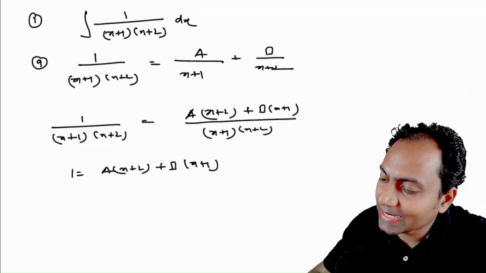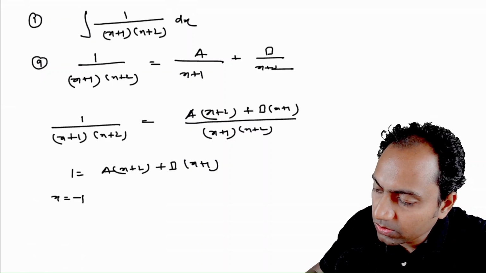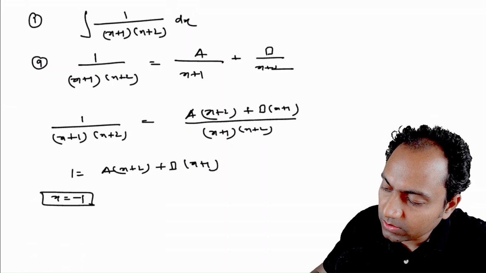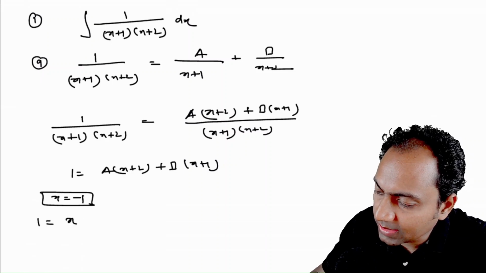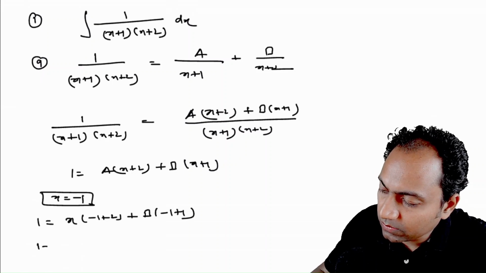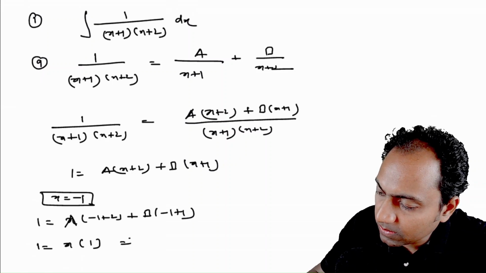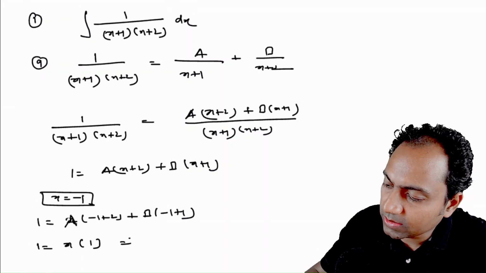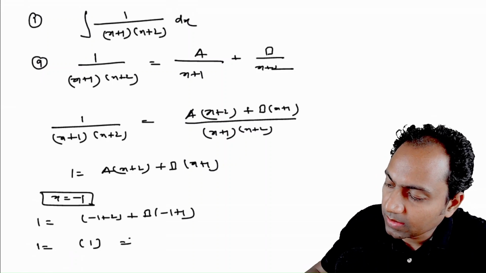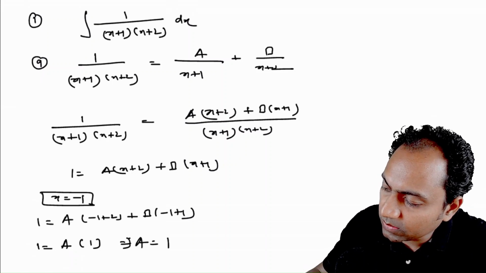Now if I put x equal to minus 1, I will be able to get the value of a on both sides. It becomes minus 1 plus 2, and the b term becomes b times minus 1 plus 1, which is 0. So 1 is equal to 1 times a, and the value of a comes out to be 1.